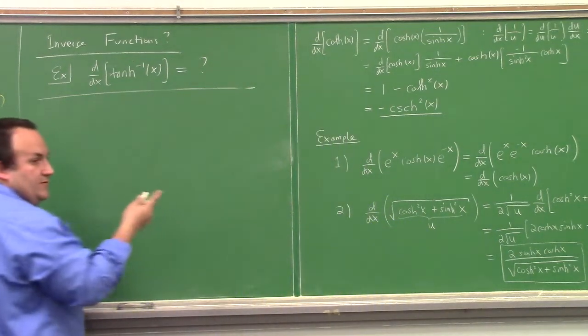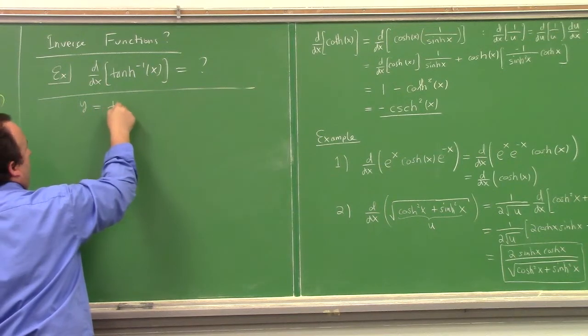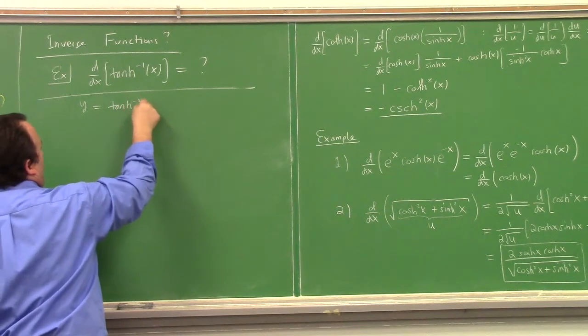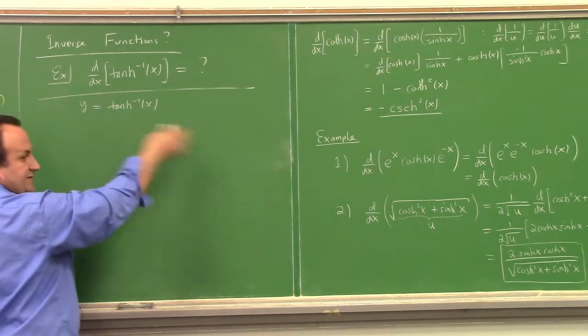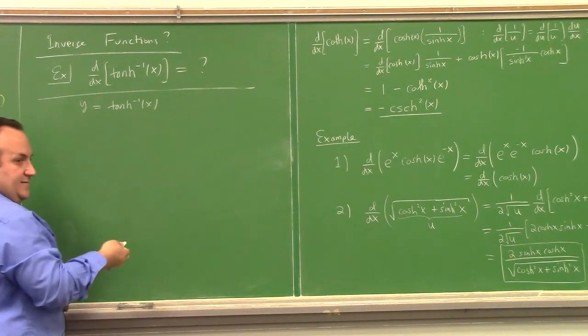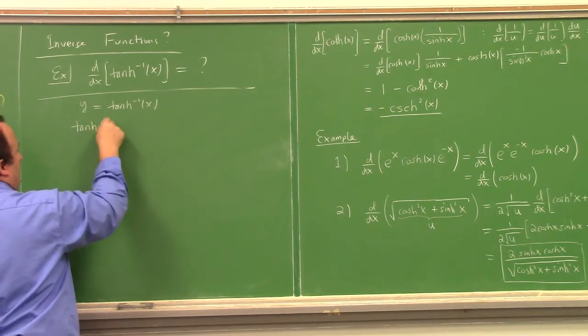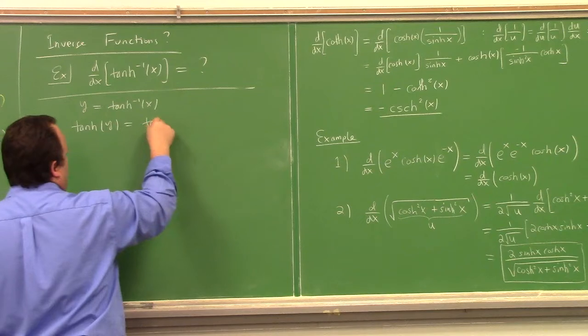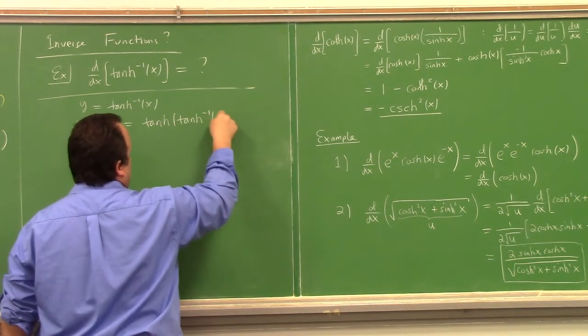Step number 1, y equals what we're trying to differentiate. Step number 2, take the function of both sides, in this case hyperbolic tangent. So I get hyperbolic tangent of y is equal to the hyperbolic tangent of the inverse hyperbolic tangent of x.